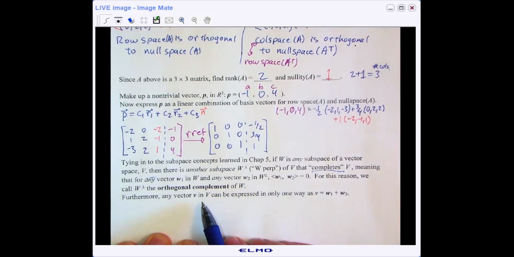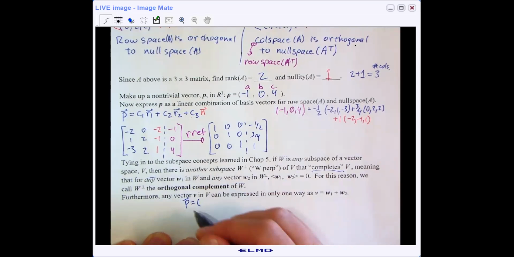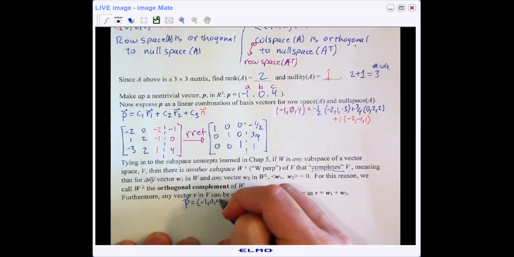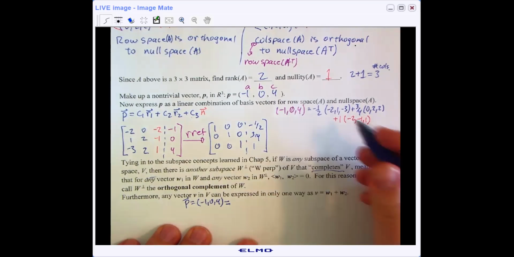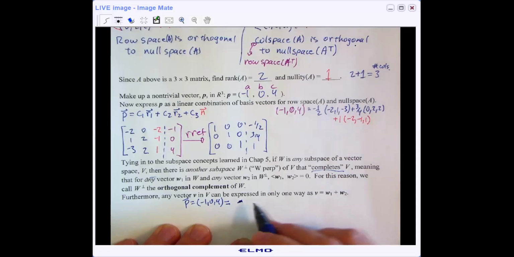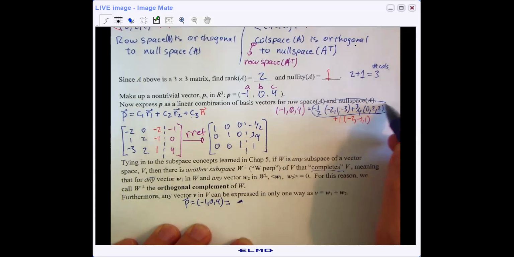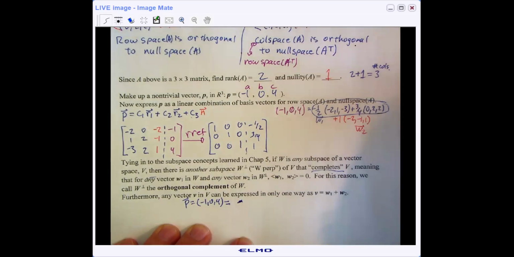And furthermore, any vector, like our P vector, which I just made up, was -1, 0, 4, calculator randomly picked that, would be equal to this guy right here, which is in W, so let me call him W1, and this red guy is in W2, or the null space, but he's orthogonal to anything in the plane here.